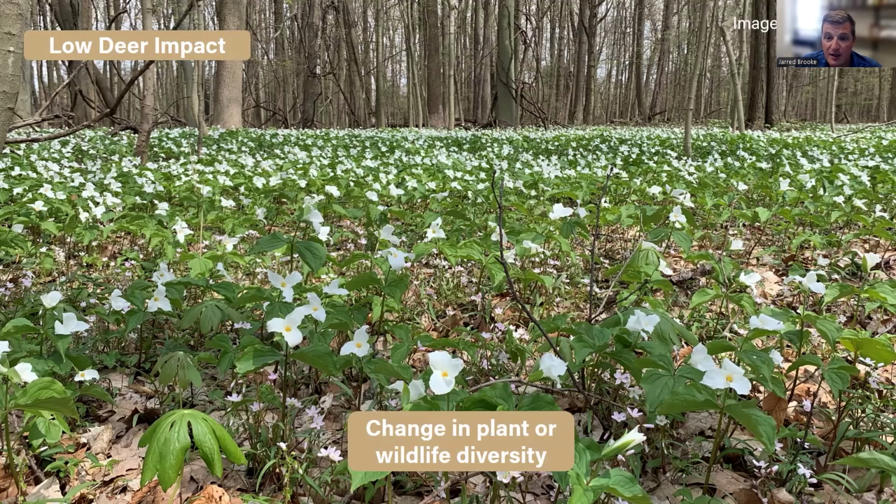And that's because you only get trillium like this in areas that have low deer browse and low deer pressure because they selectively browse those trilliums. So if you have trilliums like this across your woodland, and this picture's from northern Indiana, then you're probably pretty set. But I imagine most landowners don't have an abundance of trillium like this in their woodland.